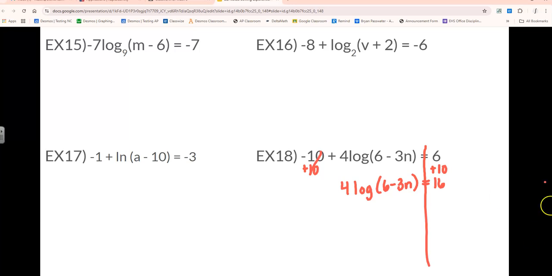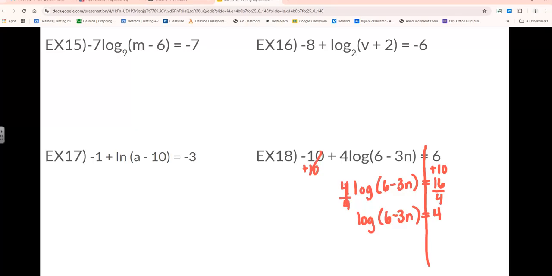We want to go furthest away from that n, what we're trying to get rid of, which is this 4 on the outside of the log. How do I get rid of that? We're going to divide it because it's right next to the log, which means it's multiplied by that log. So we're going to divide by that 4. So I've got log of 6 minus 3n equals 4.